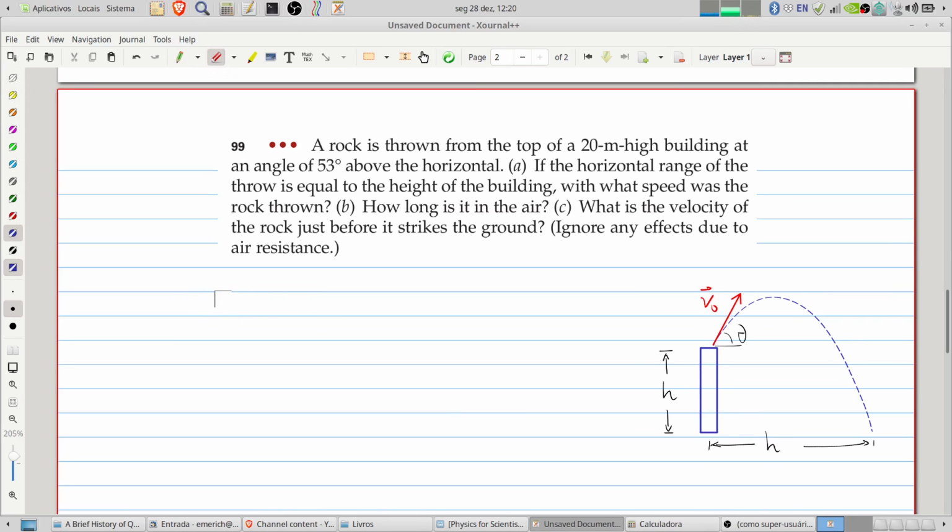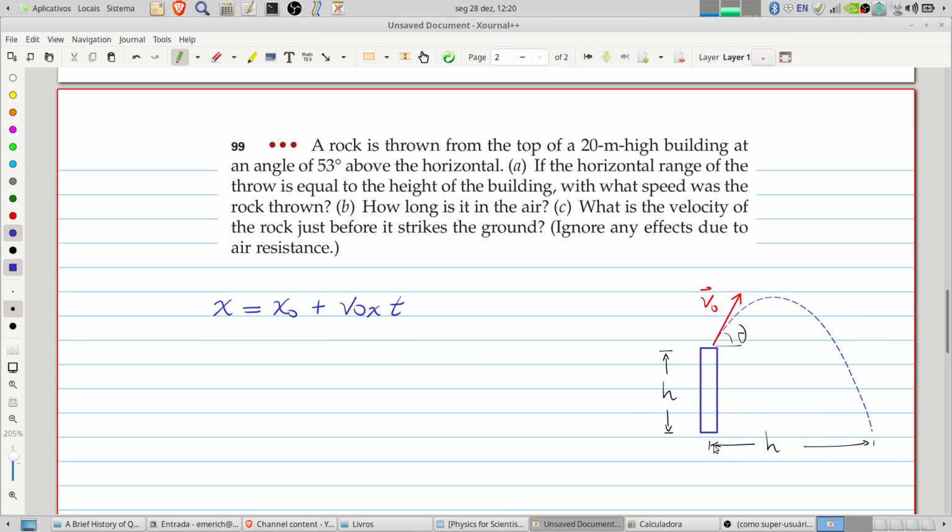Let's first write the equation of the movement in the x direction. x equals x0 plus the initial velocity in the x direction times t. This is the equation that represents the movement.